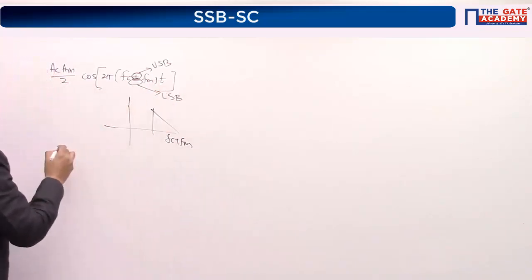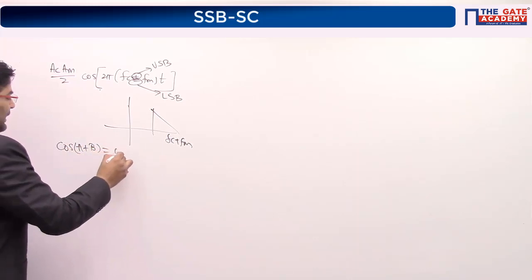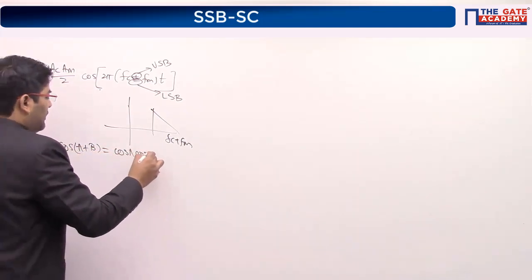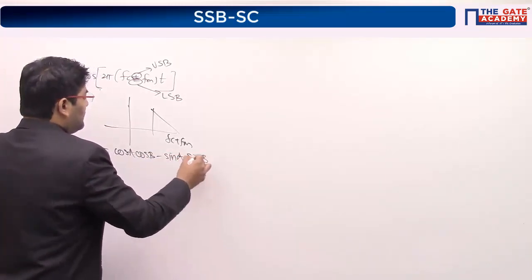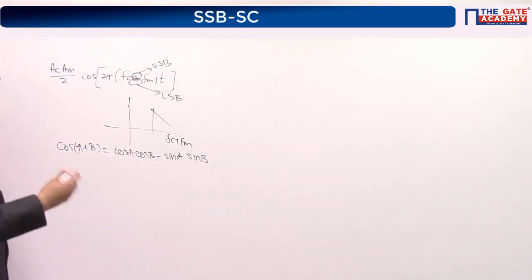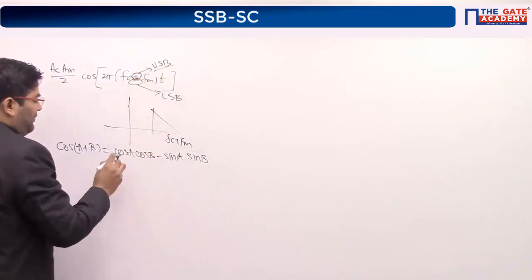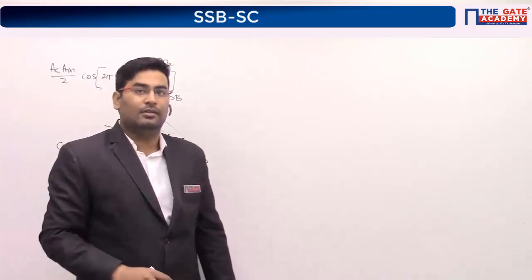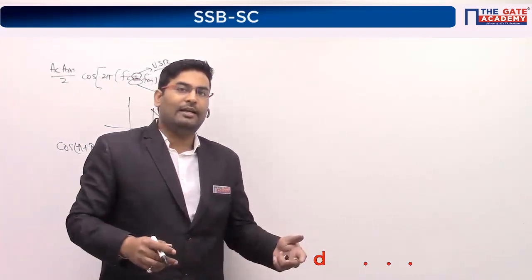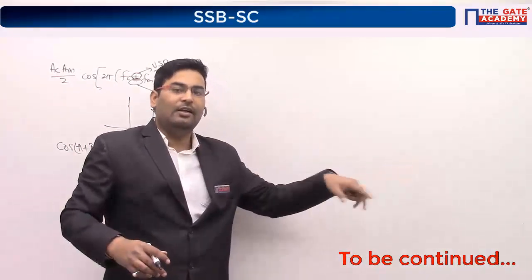But when you open this, what is cos of A plus B? It is cos A cos B minus sin A sin B. That is the reason: when you are looking at this formula, plus is upper sideband, but when you come back here, minus is your upper sideband. And similarly, there minus is lower sideband, but when you expand it, which I have done, there plus becomes lower sideband.